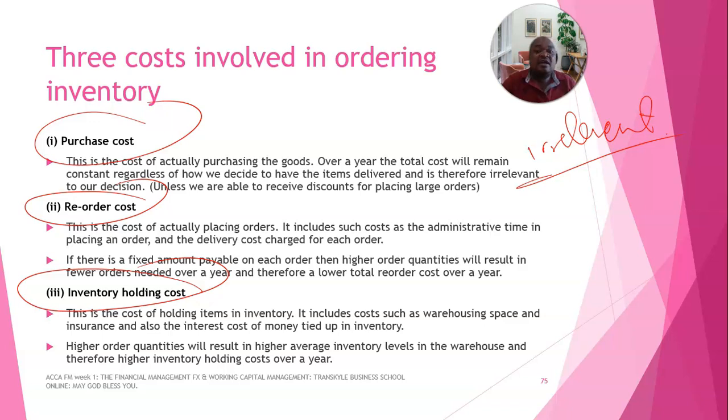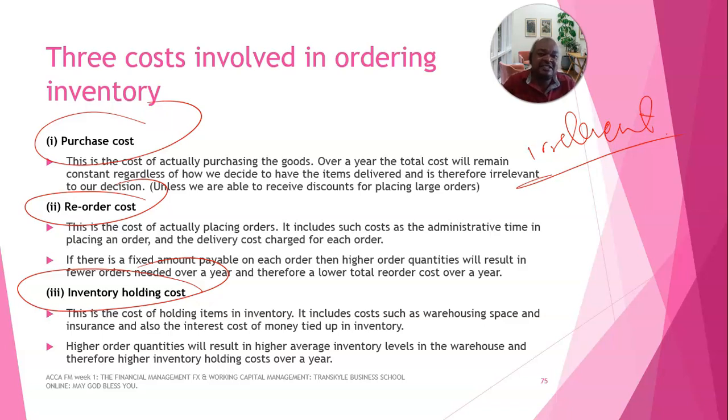So if there is a fixed charge, like for example, whenever you place an order, you pay $100, then it means that you need to cut on the number of orders in a year. If you're making 50 orders in a year, it is actually advisable to reduce the orders by purchasing more quantities whenever you are making an order.